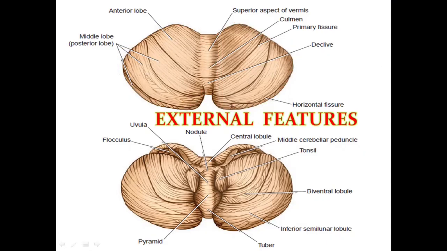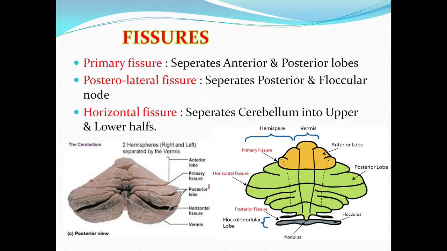On the superior aspect, you can identify the superior aspect of the vermis, and we can identify the inferior aspect of the vermis. We have the right and left cerebellar hemispheres, which, as said, are interconnected by the vermis. Now we will study the subdivisions of the vermis and of the cerebellar hemisphere.